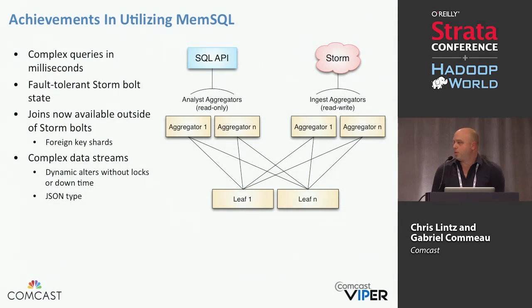It's also opened the door for complex data streams where we don't necessarily have static schemas. We can alter the schemas on the fly without downtime or locking, which is pretty key in NoSQL stores. And now that there's a JSON type object, it goes hand in hand with that, where we can really start to grow some of the complexities of persisting our streams.